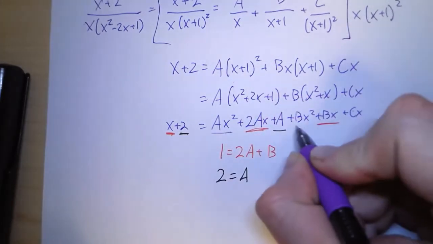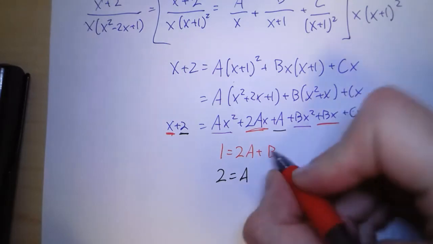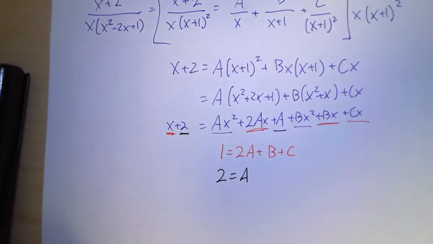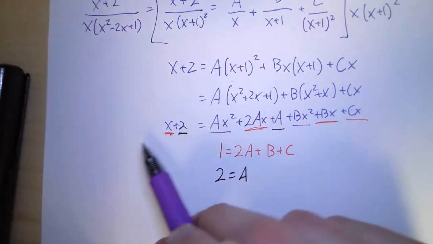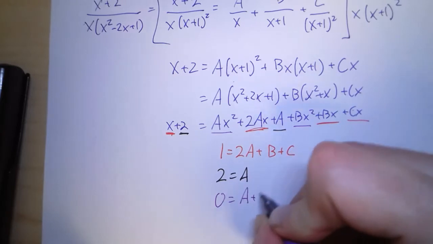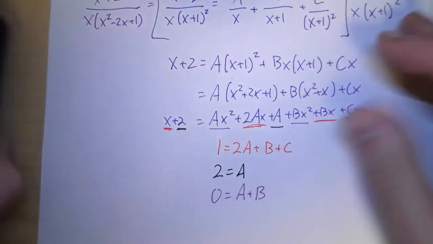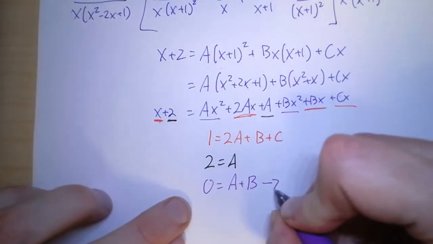So then finally, we've got, whoops, I forgot something. That c has an x, so that should be going up there. My mistake. And then finally, we have ax squared plus bx squared, but there is no x squared. So that means those two coefficients, a and b, are going to have to add to 0. All right. Now since we already know what a is, a plus b has to add up to 0.